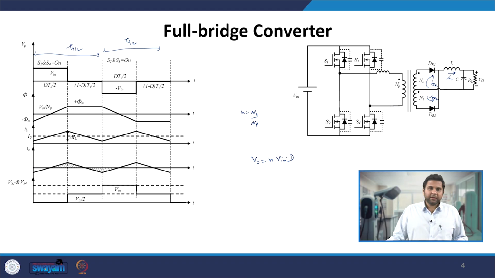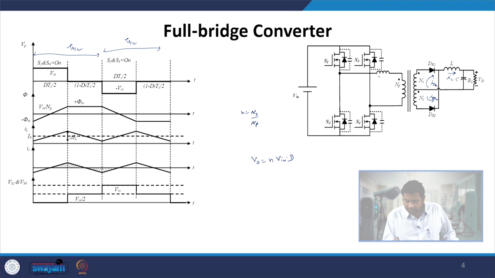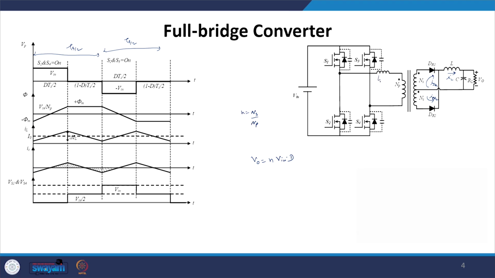However, if you look very carefully here, we have not discussed any parasitics of the devices which are present, and also parasitics of the transformer, because every transformer has a good amount of leakage inductance which comes in series on either side, on the primary side and the secondary side. This leakage is because when you excite this winding, some of the flux gets linked with itself, and corresponding to that there is an inductance which is called leakage inductance.